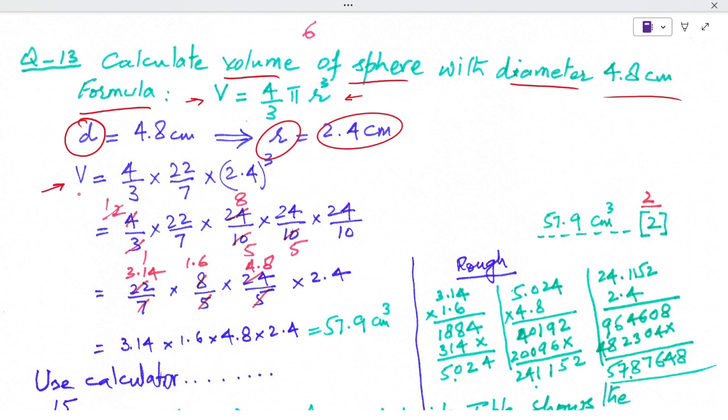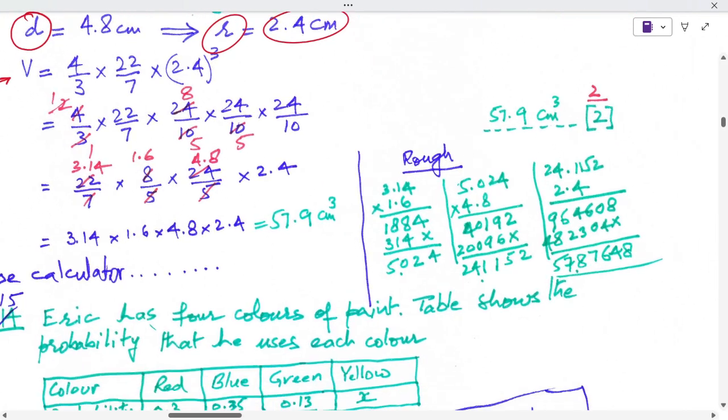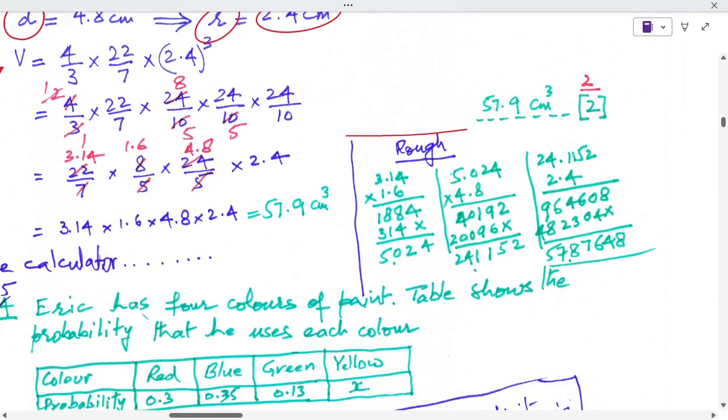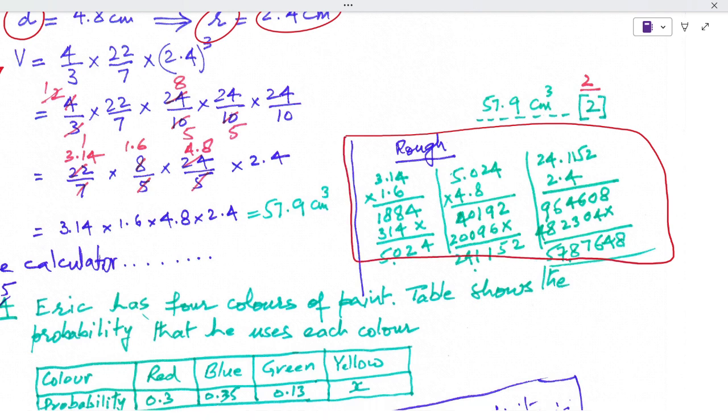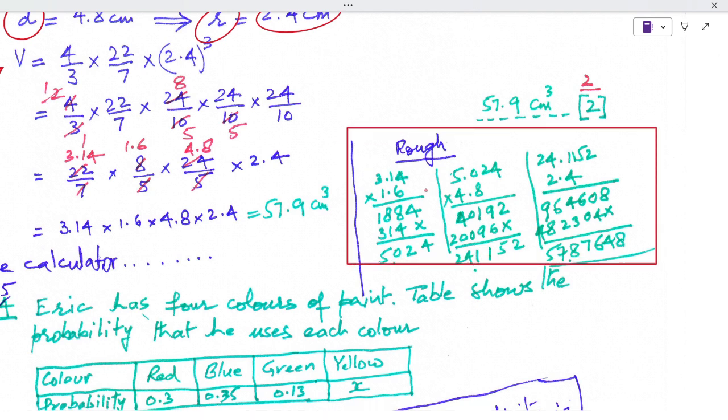Now in this question you could use a calculator, but you could also do the calculation as I have done on the rough side of the column, and I found out that the answer is 57.9 centimeter cube.